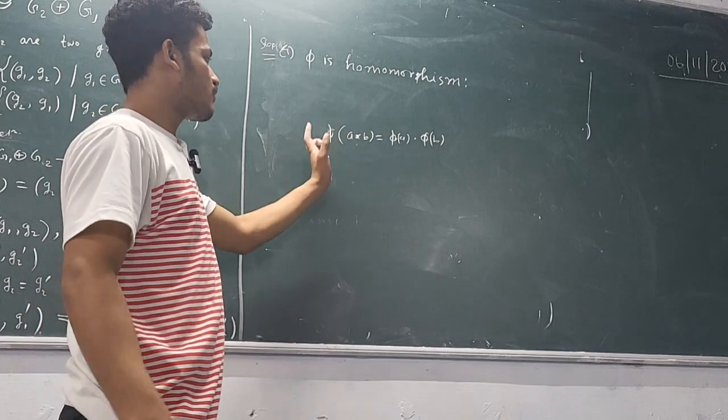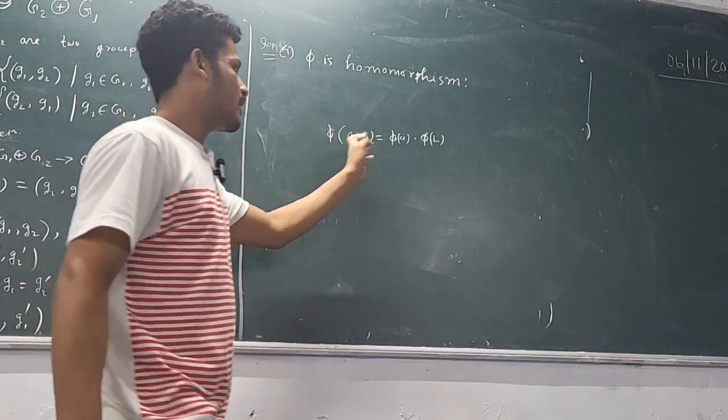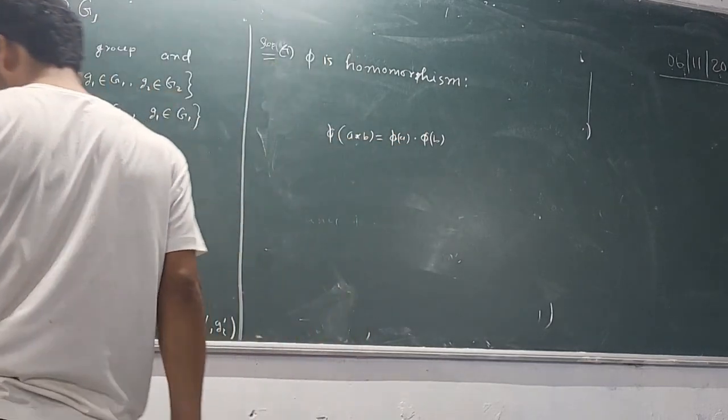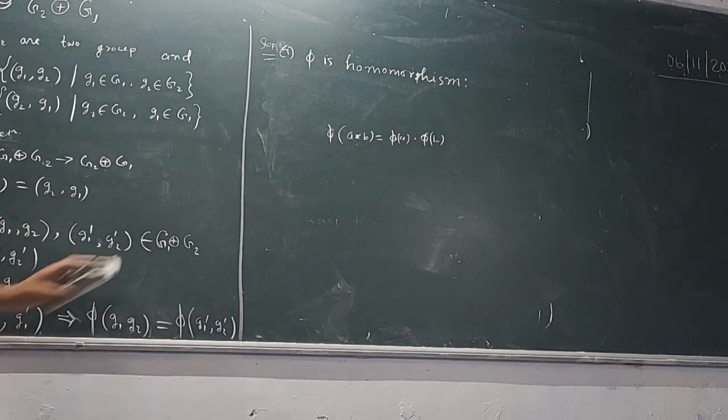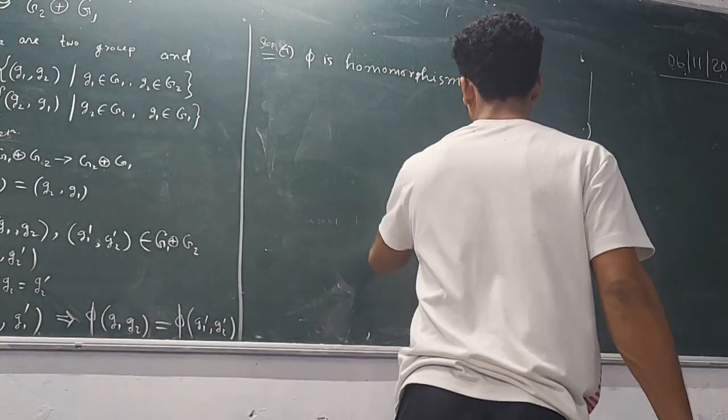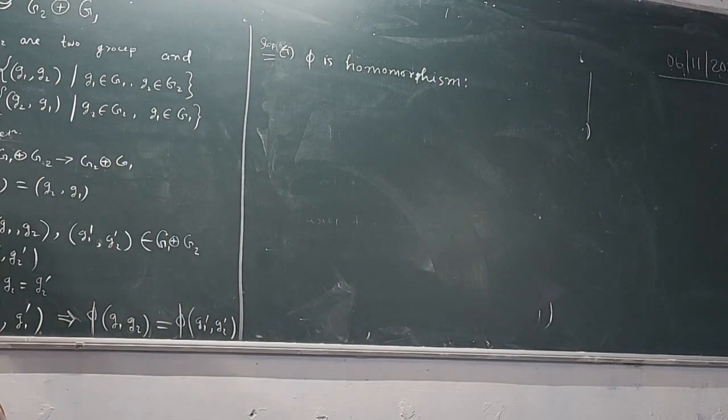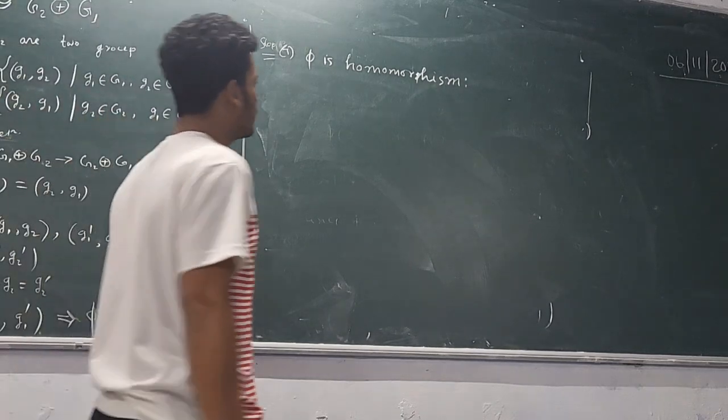Star is the operation of the first group G1 and dot is the operation of the second group.